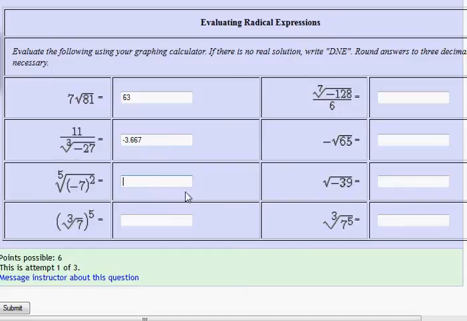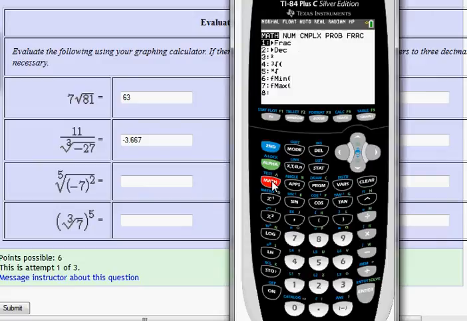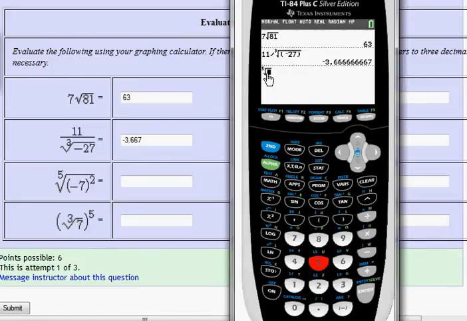The next one, since we don't have a fifth root on our calculator, it's going to be slightly more complicated. On this one we go right to the fifth root, so you actually type the 5 first, then you hit the math key, and then this time I'm going to use option 5 for the xth root. But since we typed in 5, 5 is going to be replaced for x. So if I hit 5, it looks like this on this calculator.